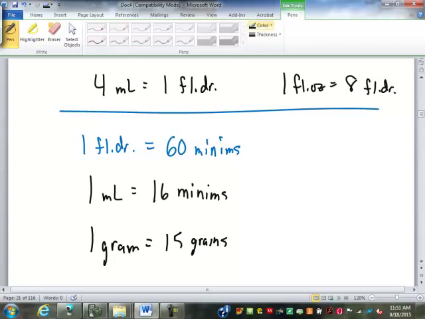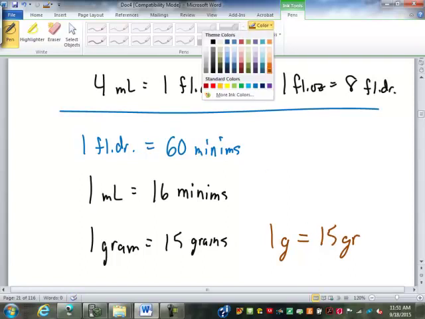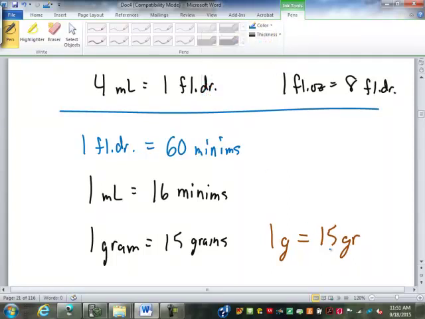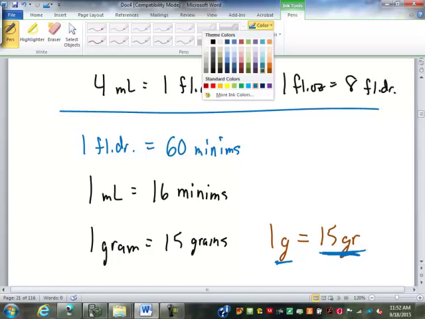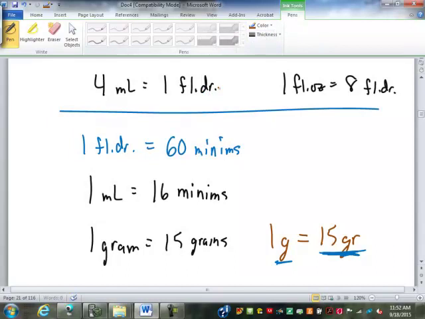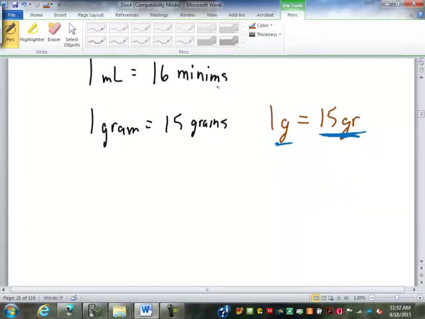Now be very careful. If I were to write this out with abbreviations, 1 gram is 1 G like that. The abbreviation for grains, GR. Very, very easy and a very common mistake to look at GR and say, oh, grams. It's not. Grams is just G. So if you see GR, it is just talking about grains and not grams.